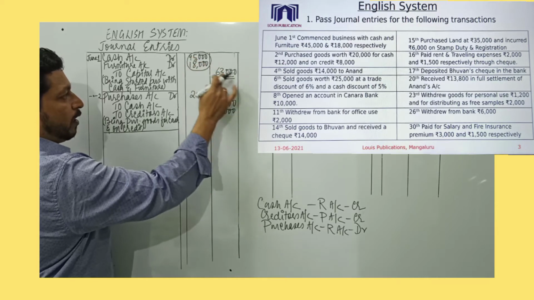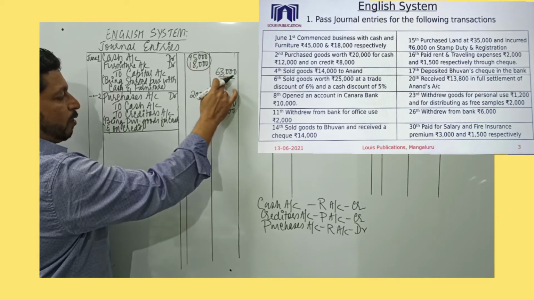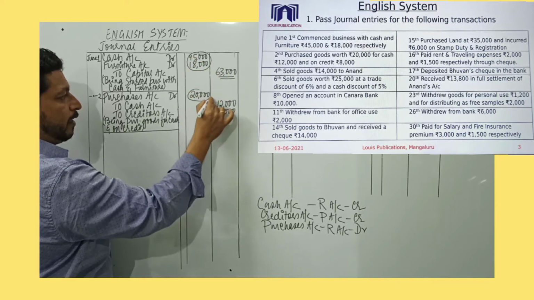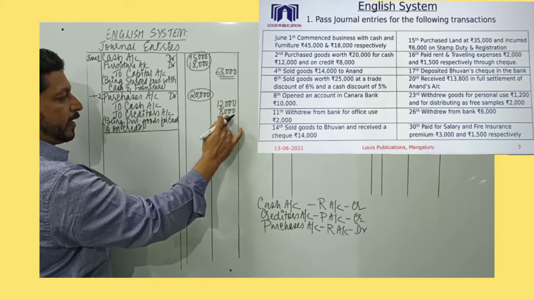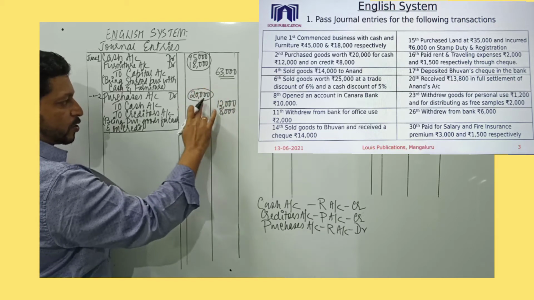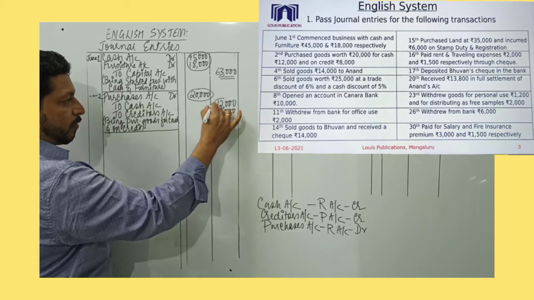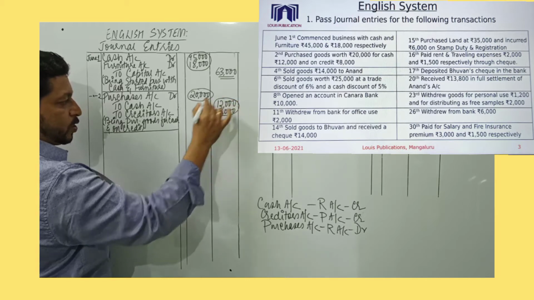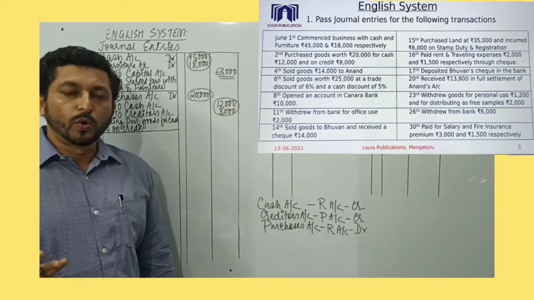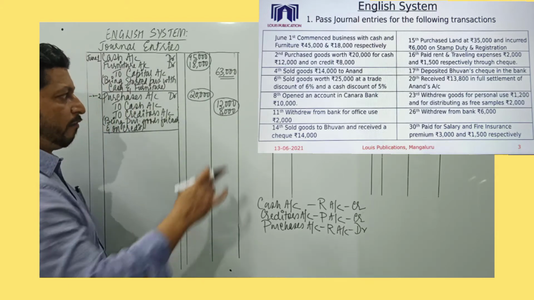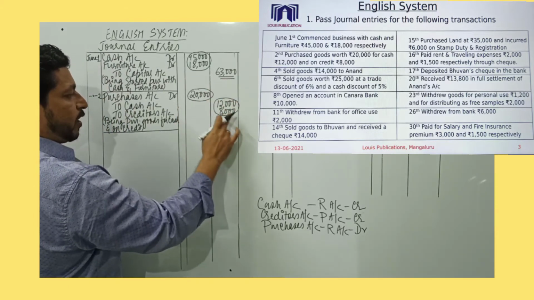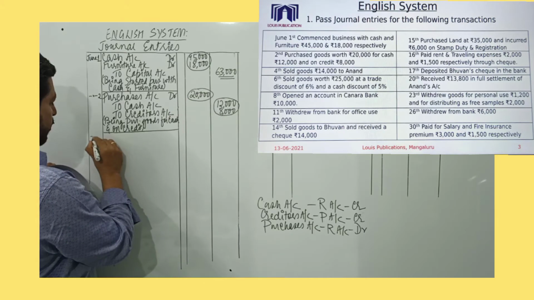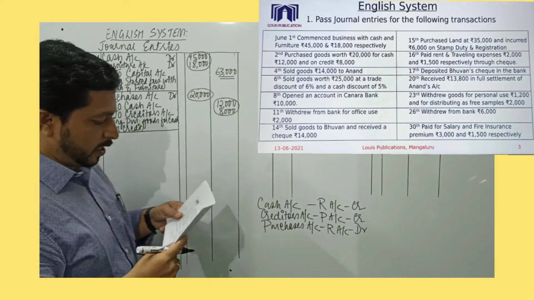When you total, both the debit total and credit total will be equal. Remember this. So 20,000 is debited and 20,000 is credited as well. That's why the golden rule of the double entry principle is, for every debit there is a corresponding and equal credit. So I hope the second transaction is clear.